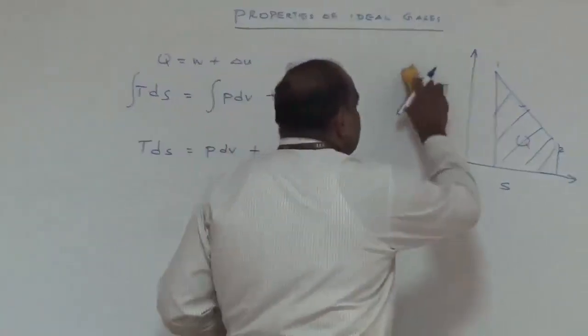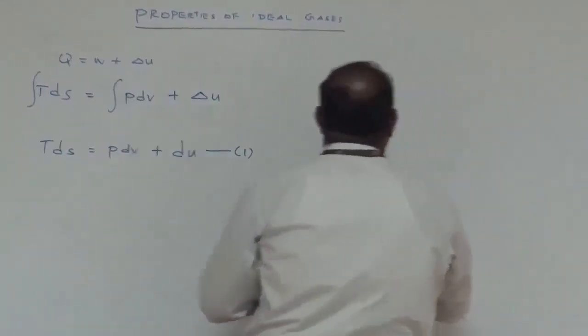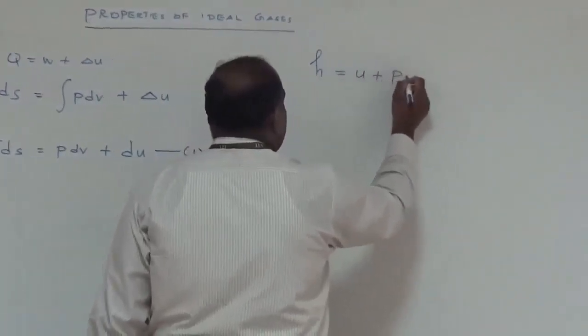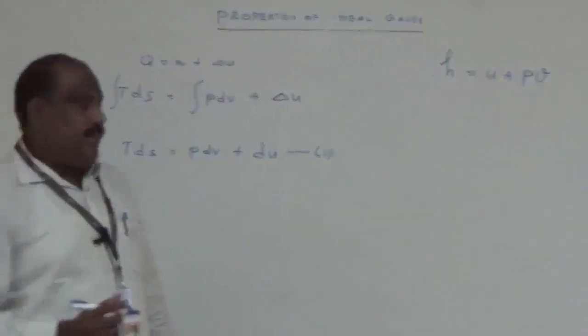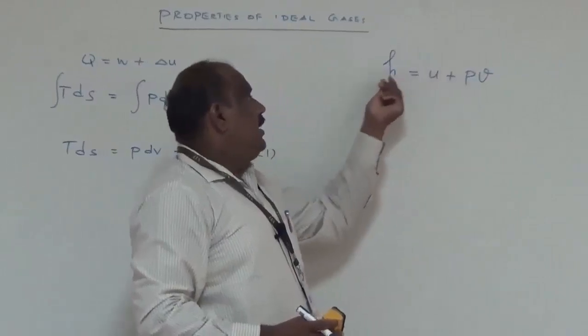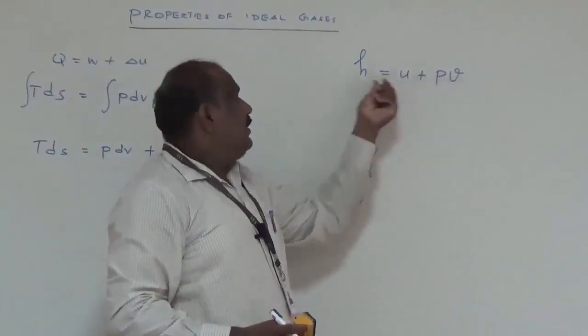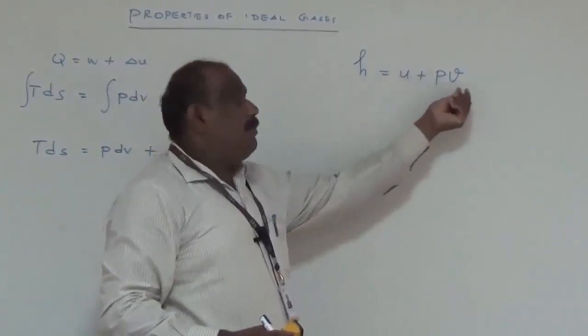As well, we know that the enthalpy is given by H equals U plus PV. Here U is also specific energy, H is specific enthalpy, and V is specific volume, that is, the enthalpy per unit mass, the energy per unit mass, and the volume per unit mass.